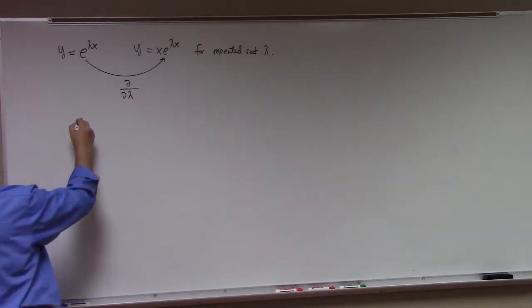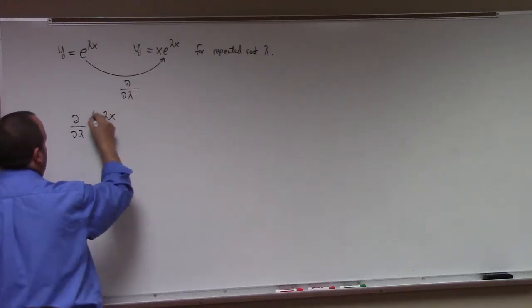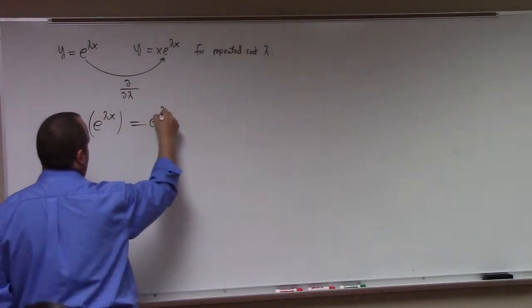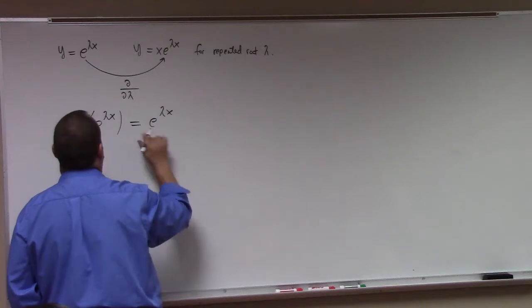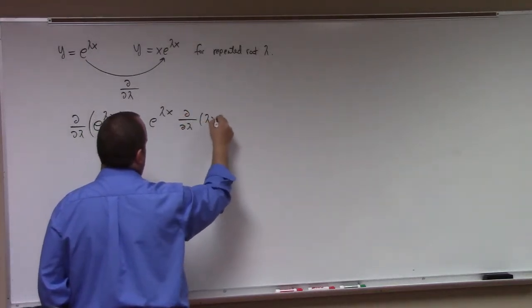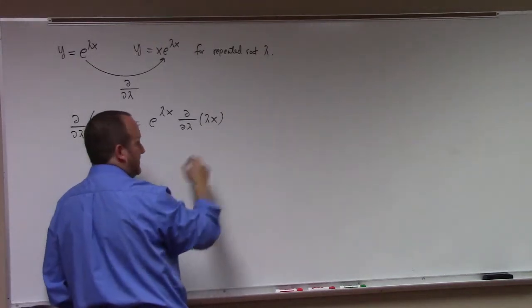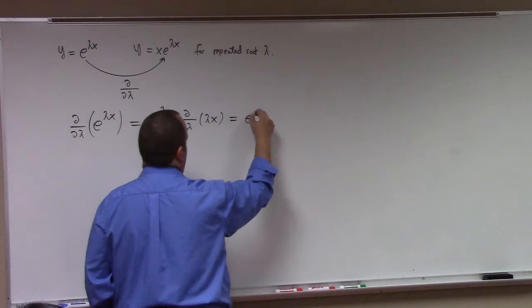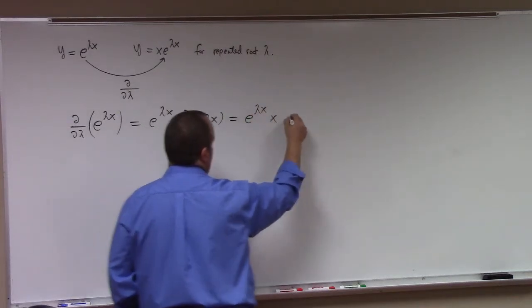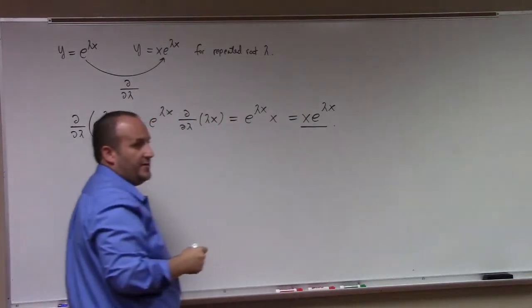See, partial lambda of e to the lambda x is, partial lambda of lambda x, holding x fixed while varying lambda, this is just x again. So that's x e to the lambda x, which is, of course, our repeated root solution, right?